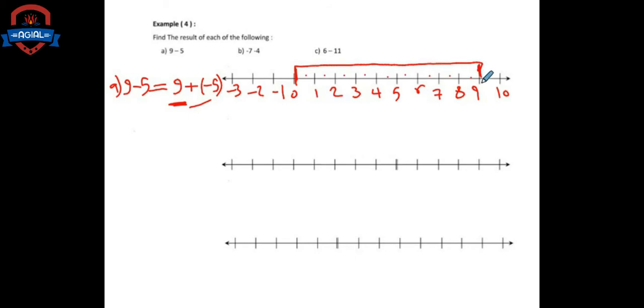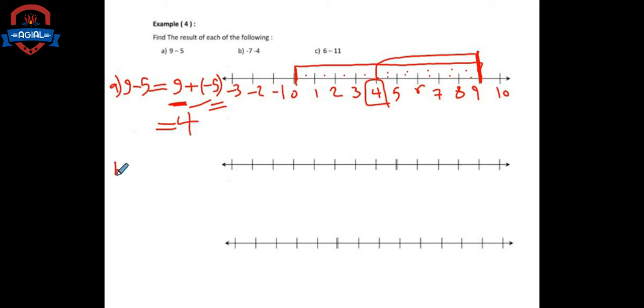Then we move from 9 to the left because the sign of the second number is negative. So we move to the left the absolute value of negative 5: 1, 2, 3, 4, 5. So we move 5 units. Now we have number 4. So 9 plus negative 5 equals 4.